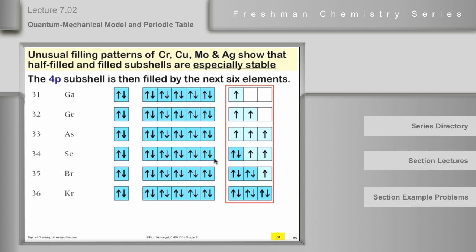So that gets us all the way over to krypton, 36 elements, and we are about as far as we need to go in looking at the pattern here. Do you have any question about filling of the subshells in the electron configuration up to 36? Okay, the periodic table is going to help you work these things out.